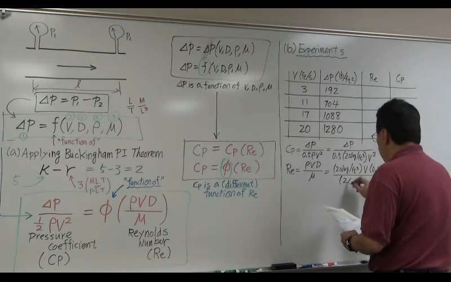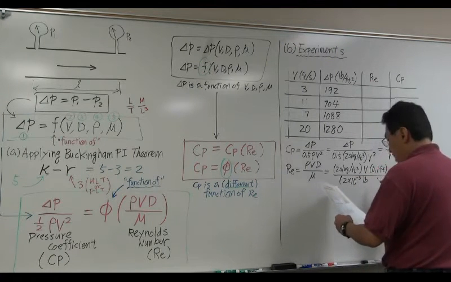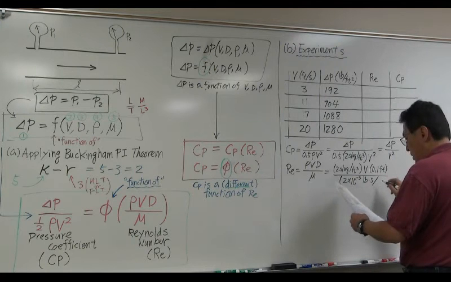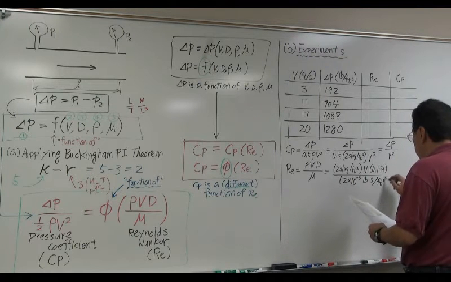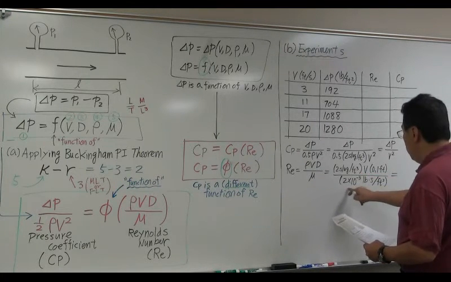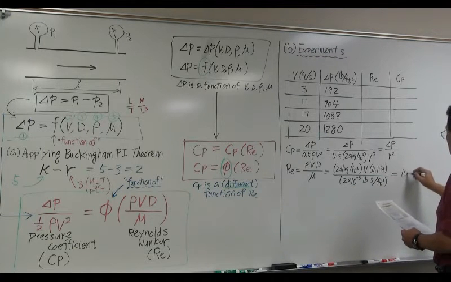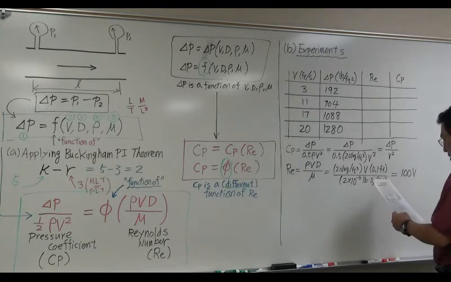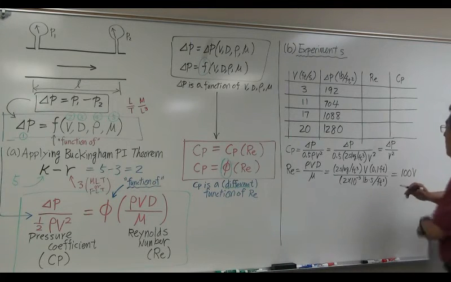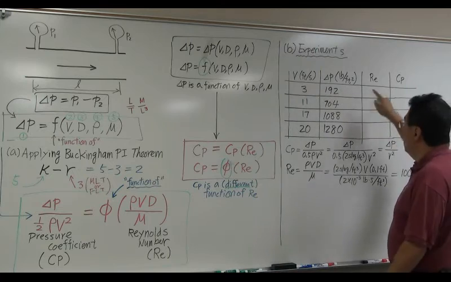Viscosity is 2 times 10 to the minus 3 pounds second per feet squared. So we can simplify 0.1 over 2 times 10 to the minus 3. This is going to be 100 times V. So Reynolds number is essentially this multiplied by 100.